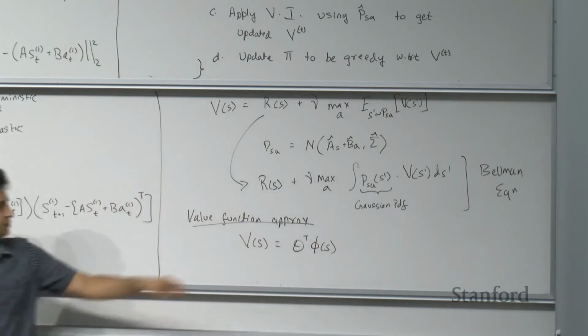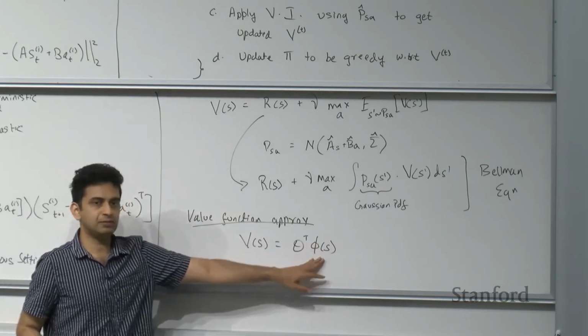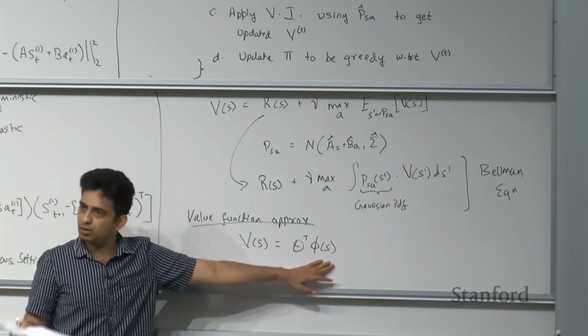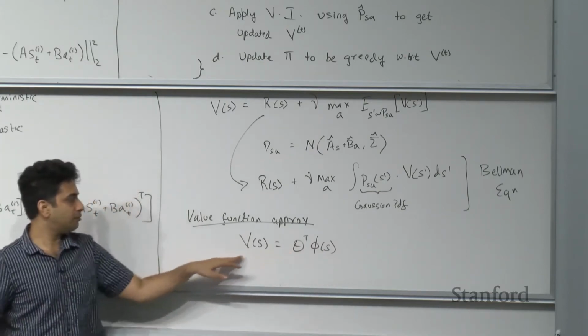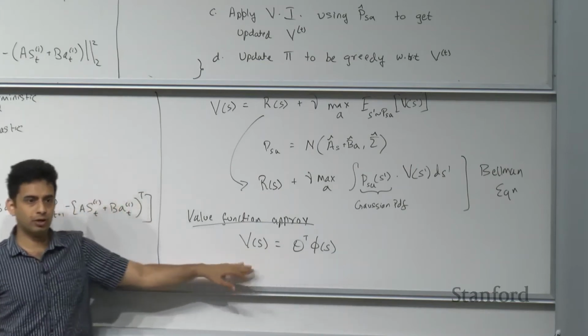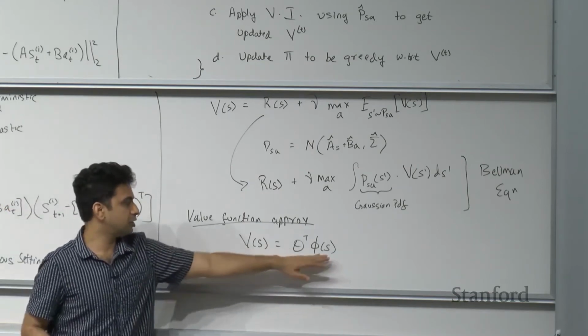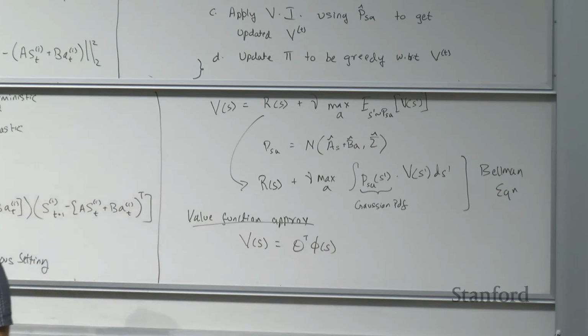Just like linear regression with some kind of feature map, you construct a feature map of your state space using whatever domain knowledge you have, and assume some kind of linear relationship for the value of a state.